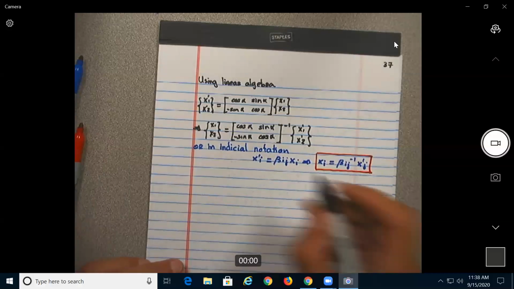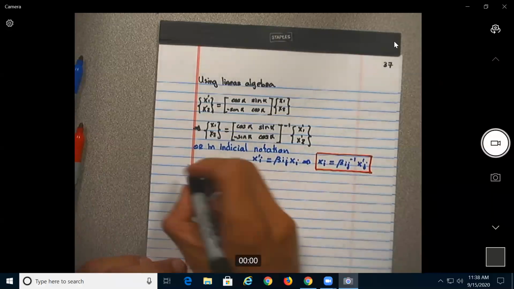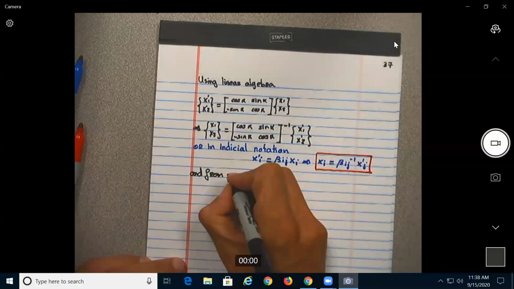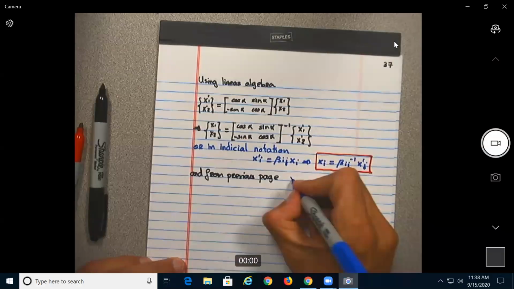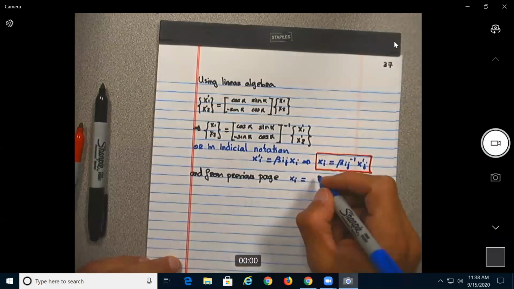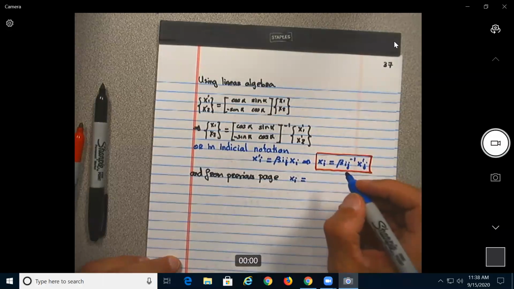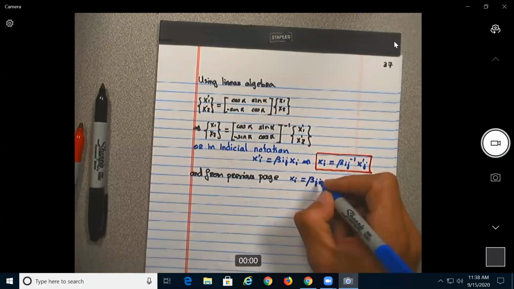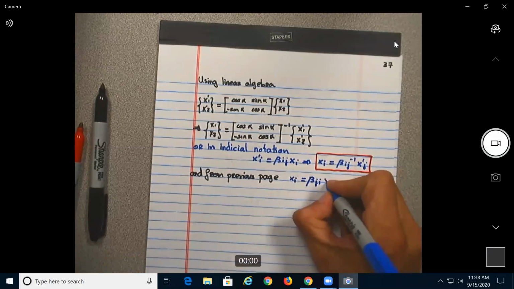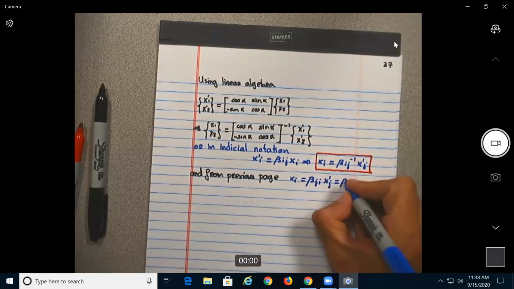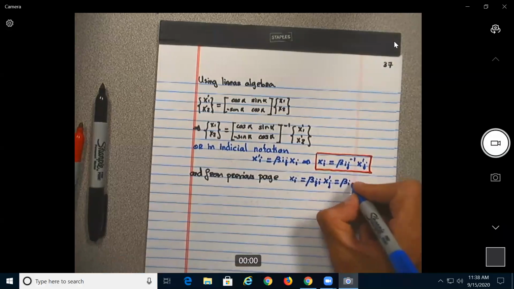And from the previous page, we know that x i is equal to beta ji x prime j, and we said that this was equal to beta ij transpose x prime j.